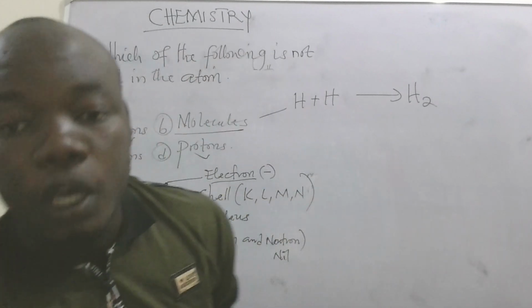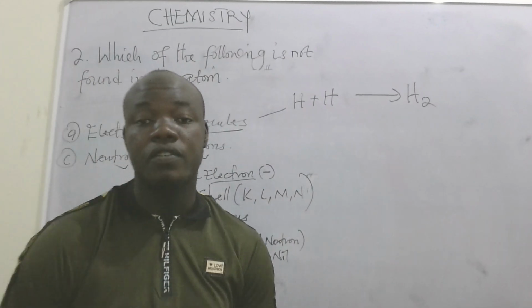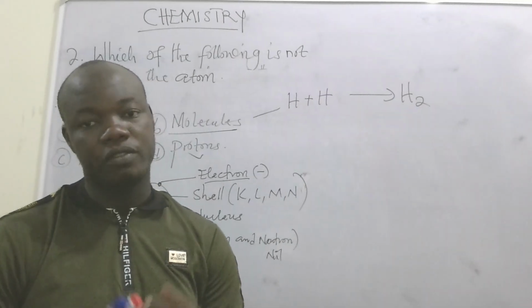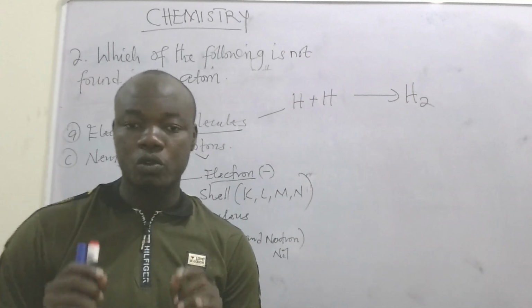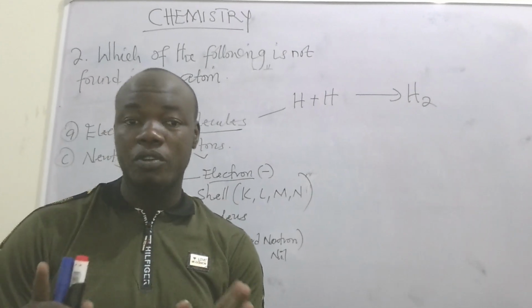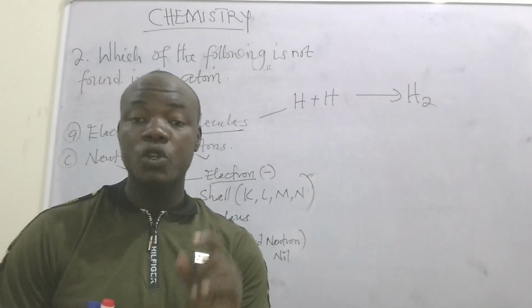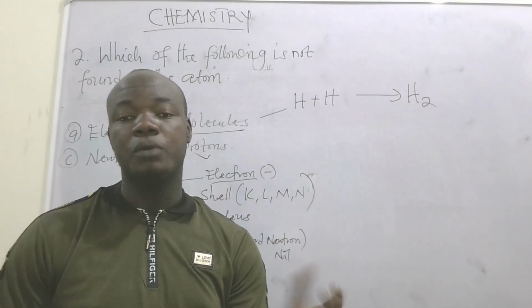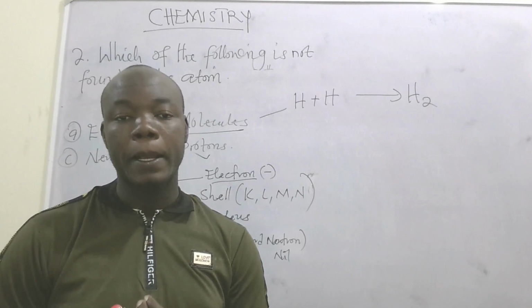So if you have molecules that have the same atom in them, that type of molecule is called a molecule of an element. And we also have a molecule of a compound. A molecule of a compound is when two or more different elements join to produce that molecule.